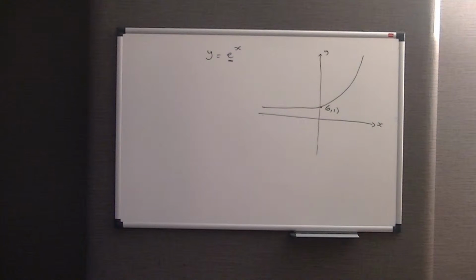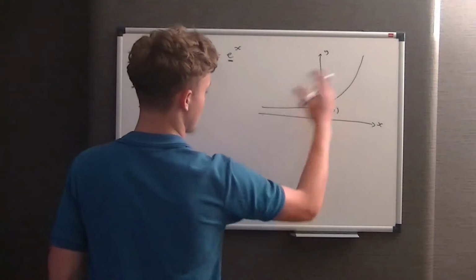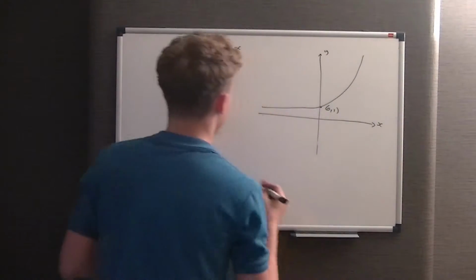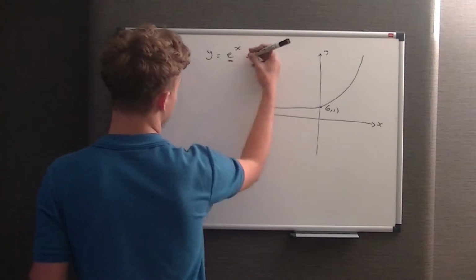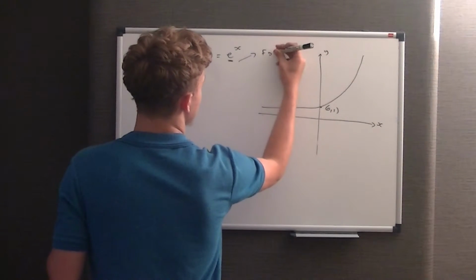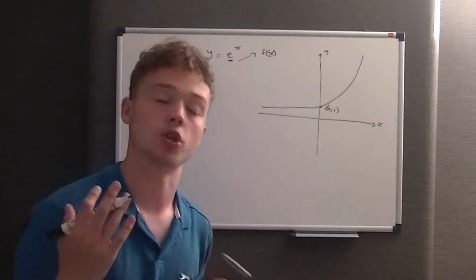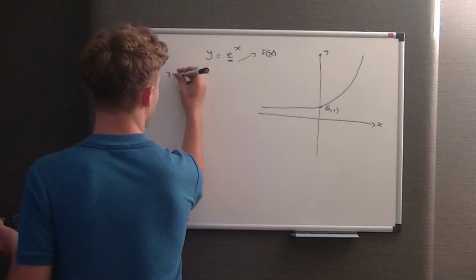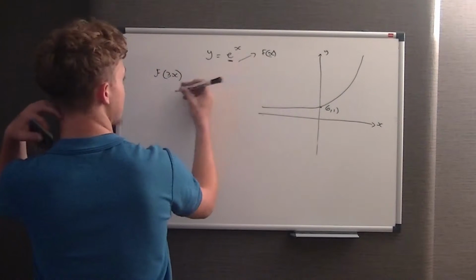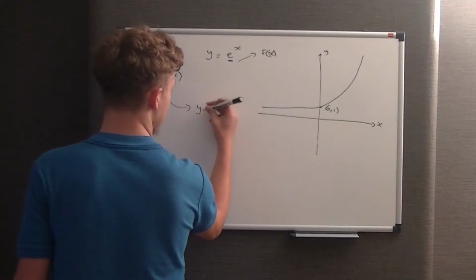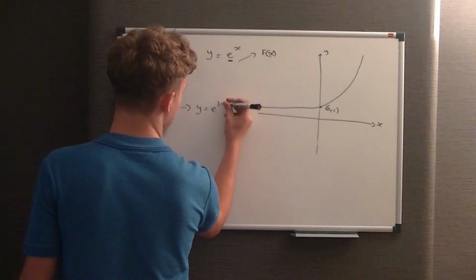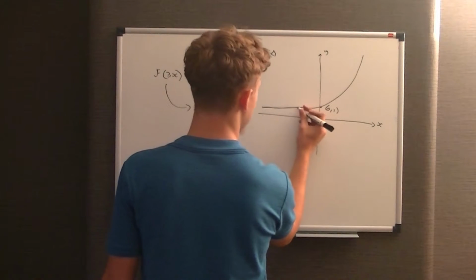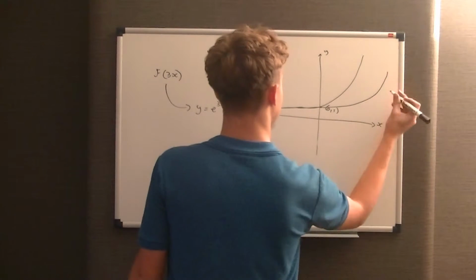And obviously we can do our standard thing for this of translations, reflections, different variations on the subject, so that you could class that as f(x). And if we cast our minds back to C1, we talked about stuff like f(3x), so that would be the same as putting y equals e to the power 3x, and it would still go through (0, 1), but it would be steeper, like that.